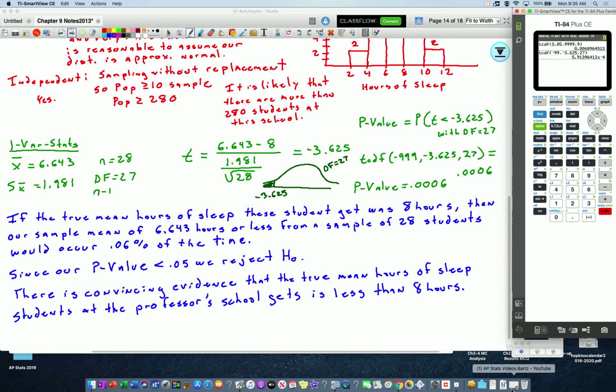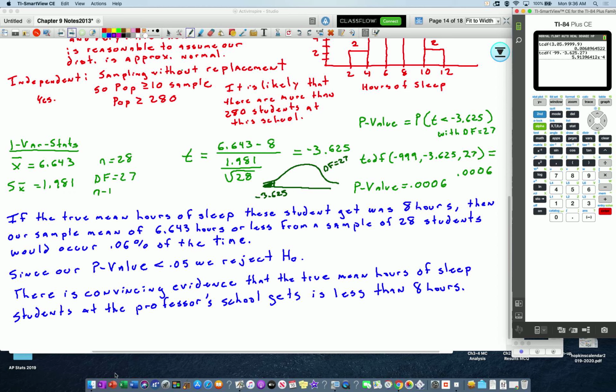Okay? So again, what does the p-value mean in the context of the problem? If the null hypothesis is true, if the true mean hours of sleep was 8, then our result, or one more extreme, our sample result of 0.6641 hours or less from a sample of 28 students, would occur our p-value percentage of the time, 0.06% of the time.